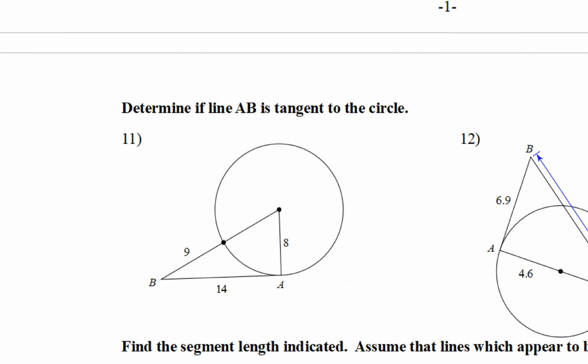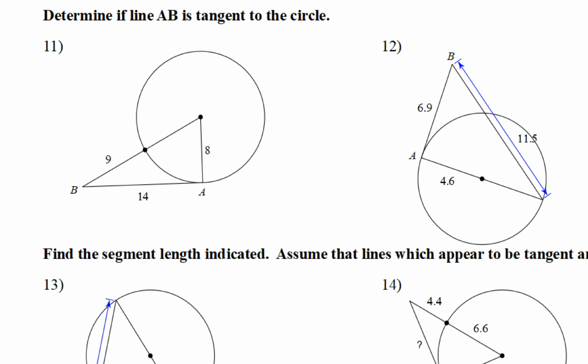Another type is this kind of problem here, where it's asking us to determine if a line is tangent to the circle. What we have to remember is that if AB is tangent, then it has to be perpendicular to the radius. So if this is not a right angle, then it's not tangent.